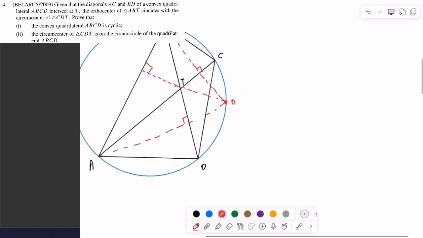And also, from the perspective of triangle CDT, O is also the circumcenter. So first of all, this line matches up. This line splits into two, and this line. So we know that our diagram is right. Now let's get to the proofs.